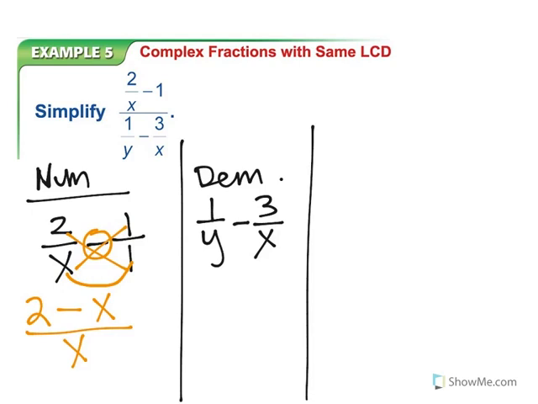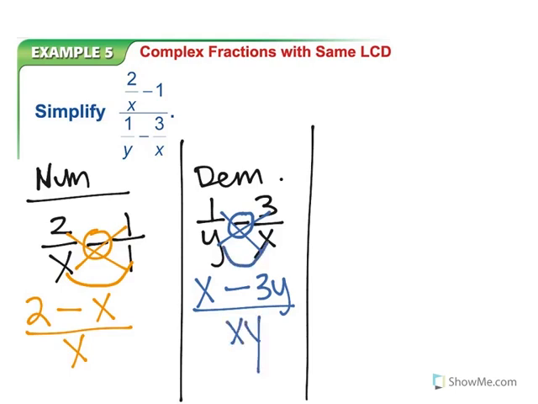All right, on the denominator side, we have 1 times x, which is x. Take our middle sign, which is negative. And then we have y times 3, which is 3y. Don't forget, we need our smile. So we're going to take y times x, so x times y. All right, so we're going to put them together.